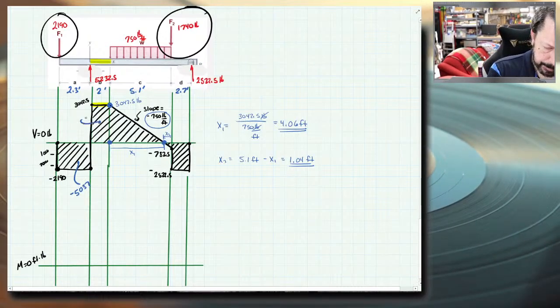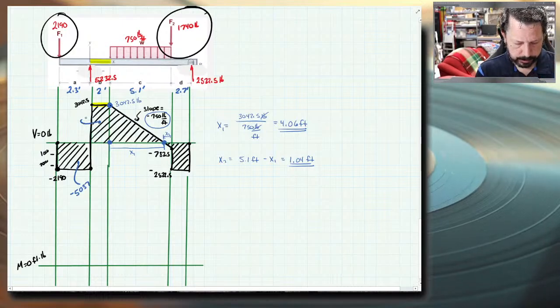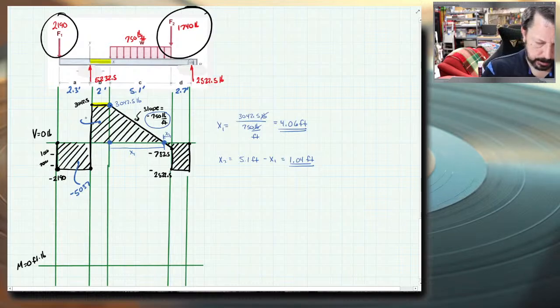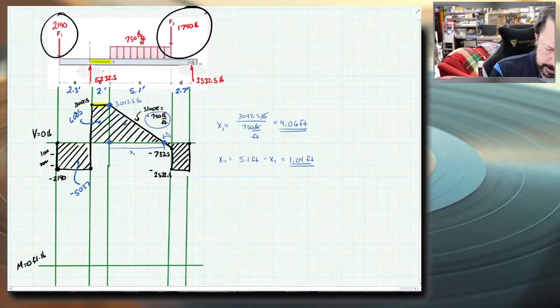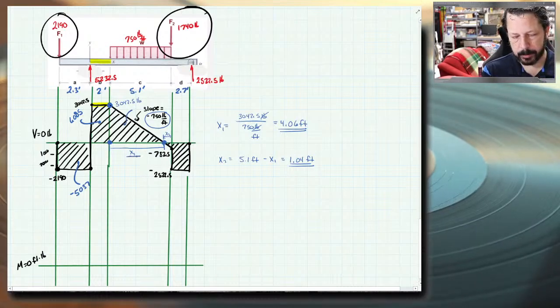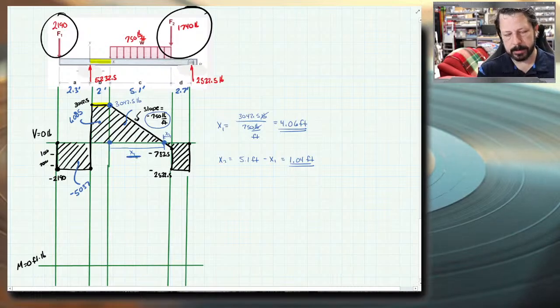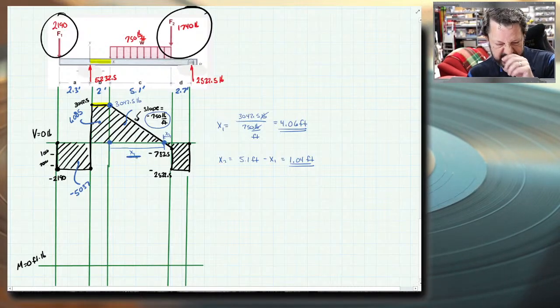This one is 3,042.5 times 2, 6,085. The triangle here, remember last time we had to figure out what its base was because the triangle didn't go the entire 5.1 feet.